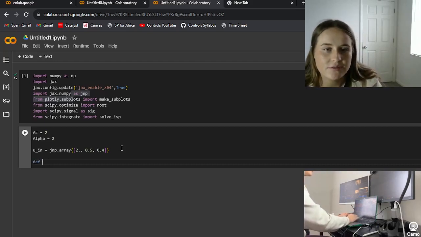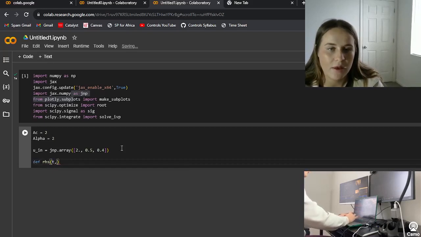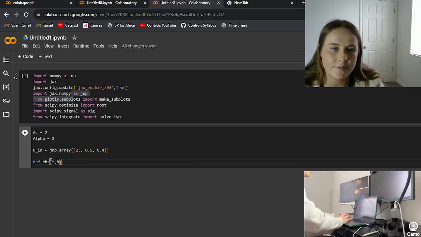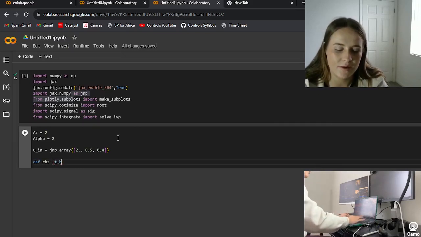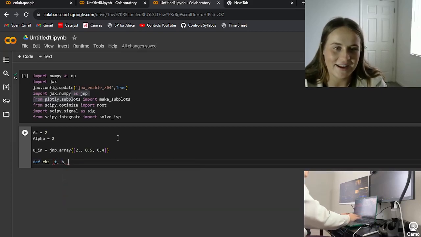And then next we're going to jump right into defining the right-hand side of that equation. So define right-hand side, and this will be in terms of time, height, and flow rate.